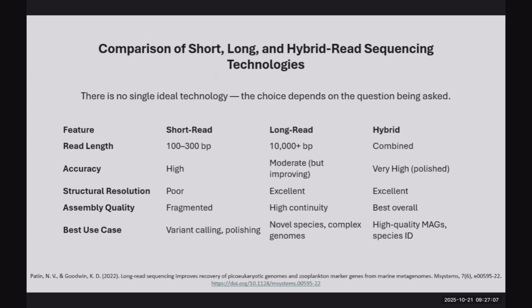So, comparison of these technologies. Short reads are 100 to 300 base pairs, but highly accurate, especially Illumina, which is extremely accurate. But you don't get structural resolution from short reads. If there are big structural changes, you cannot obtain them from short read technology.